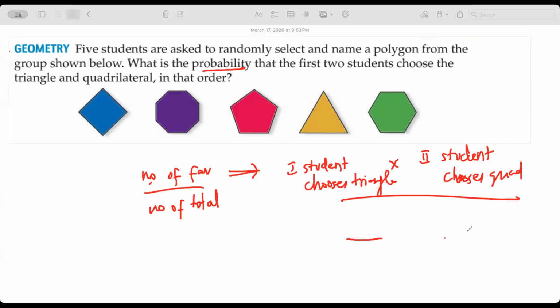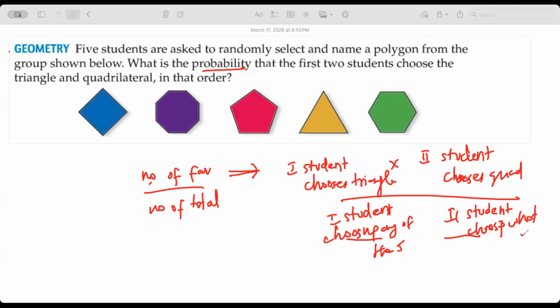for the first two students only you are thinking about, right? So first student choosing any of the five, second student choosing what is left, that you need to multiply, that is the total, right? So what do you think about it?